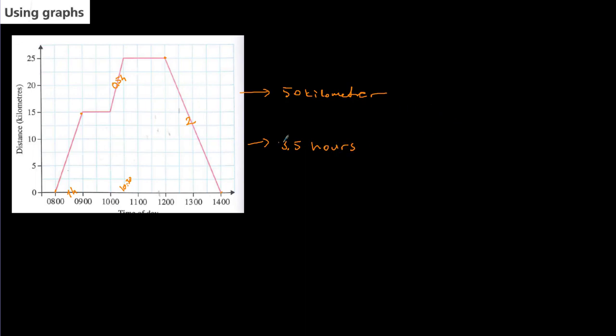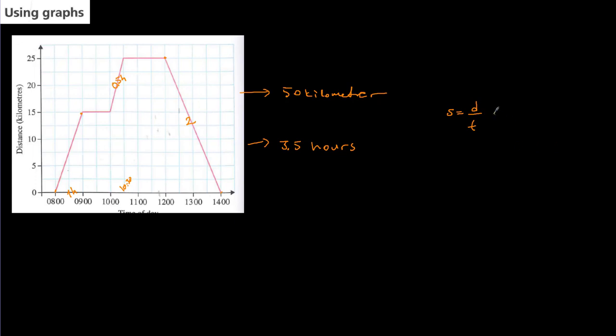With respect to this one, this is also a compound measure because there are two units in the calculation. One of them is 50 kilometers, the other one is 3.5 hours. If you want to calculate the average speed, it is distance divided by time.